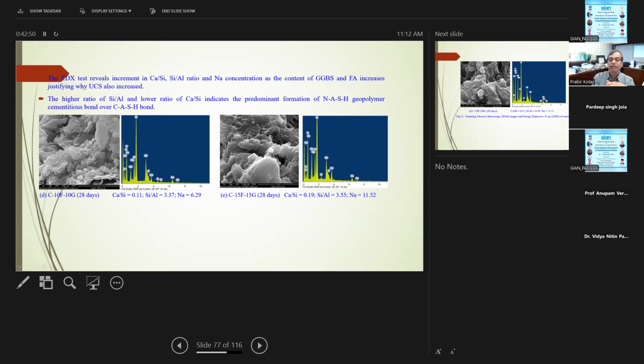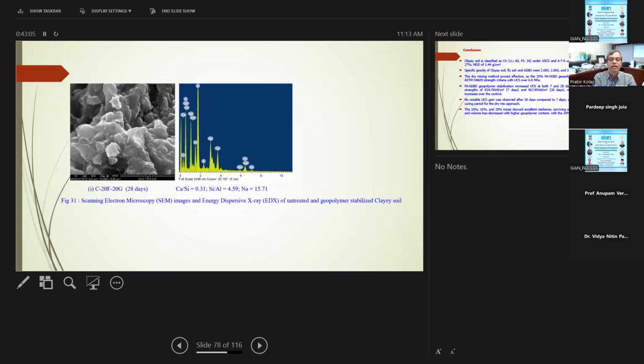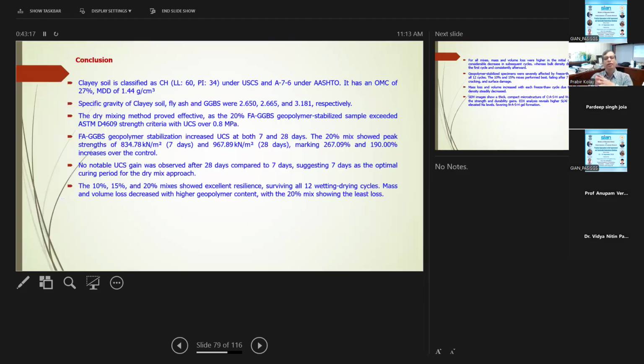And again, this is 15% fly ash and 15% GGBS. You see how the microstructure looks, much more dense structures. This one is 20% fly ash and 20% GGBS, and again you can see it's much more dense structure compared to the untreated sample.